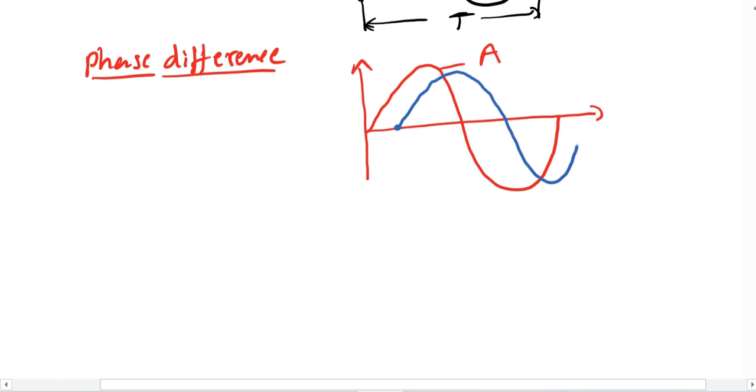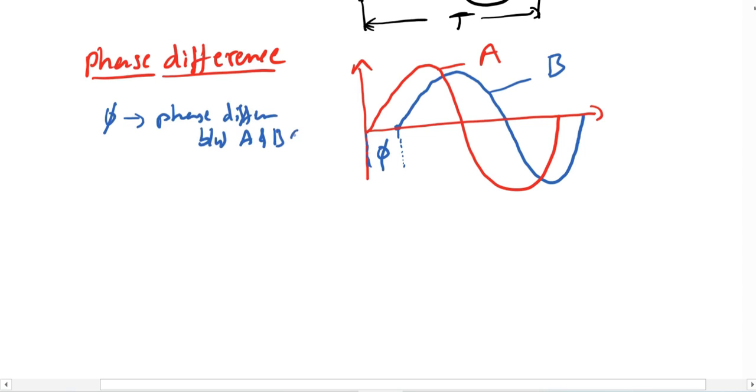This is my B waveform. Then between waveform A and waveform B there is a phase angle difference. This pi is the phase angle difference between your A and B waveforms, or A and B quantities.